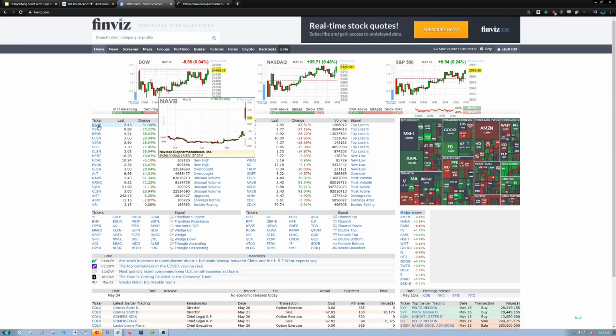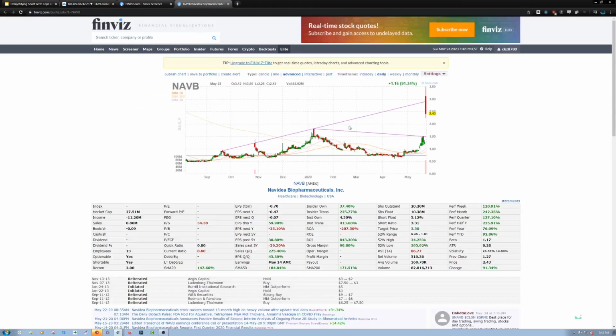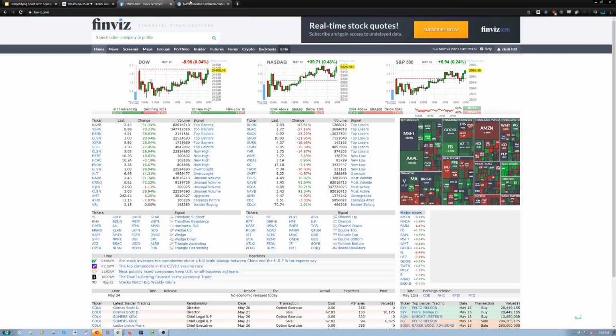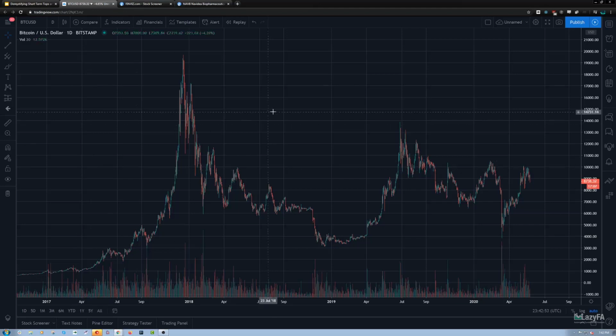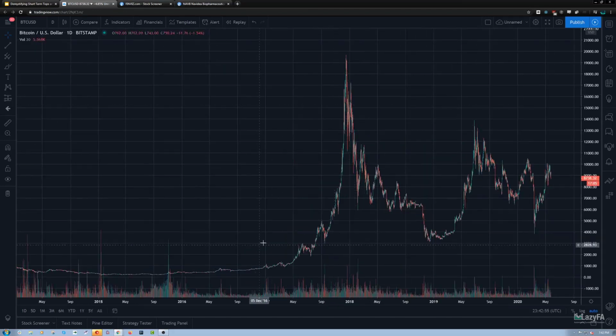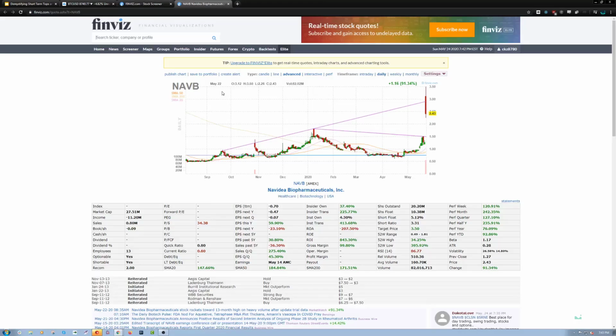These are the types of stocks that you'll see these big parabolic moves in, and the same pattern repeats itself over and over and over again. You'll see a big move to the upside, a big acceleration to the upside, and then the stocks tend to collapse. It's particularly prominent in biotech and crypto markets. So Bitcoin, Ethereum, Litecoin. Parabolic moves are rampant in these markets, especially in the crypto markets, because they're not regulated the same way or regulated at all.